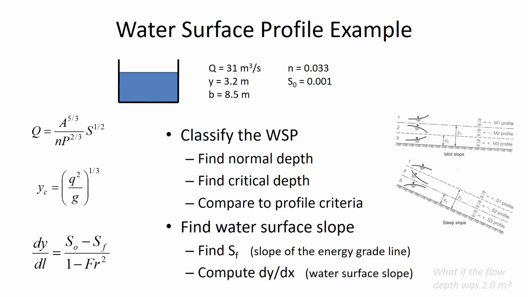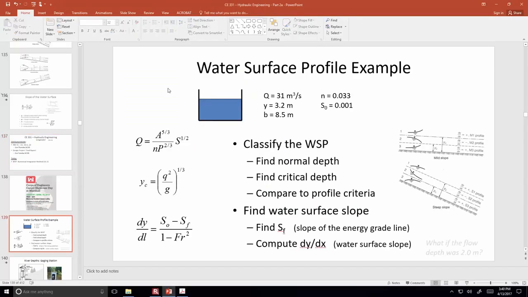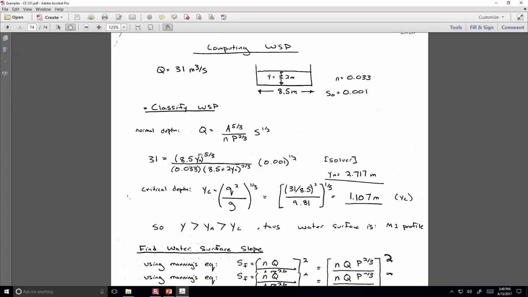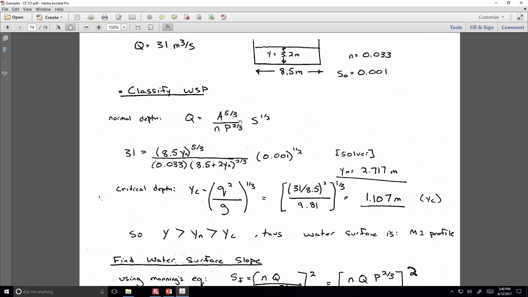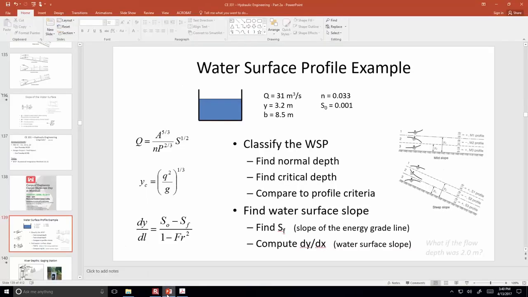So compare the three depths that we know about: the normal depth, the critical depth, and the given depth. The given depth is 3.2, the normal depth is 2.717, and the critical depth is 1.107. The first thing we want to do is find out, is the slope mild or steep? We do that by comparing the normal and critical depths.